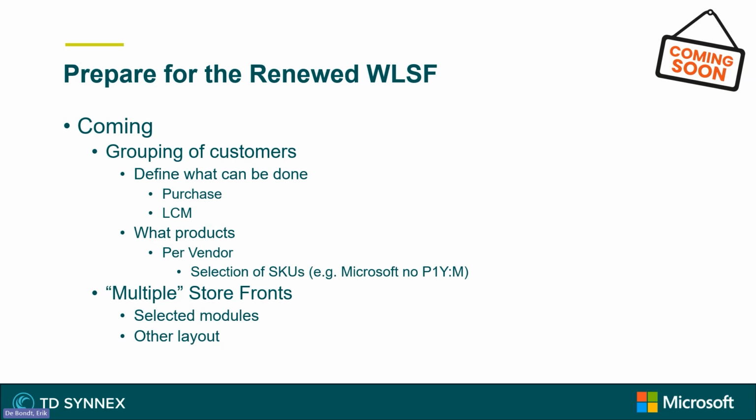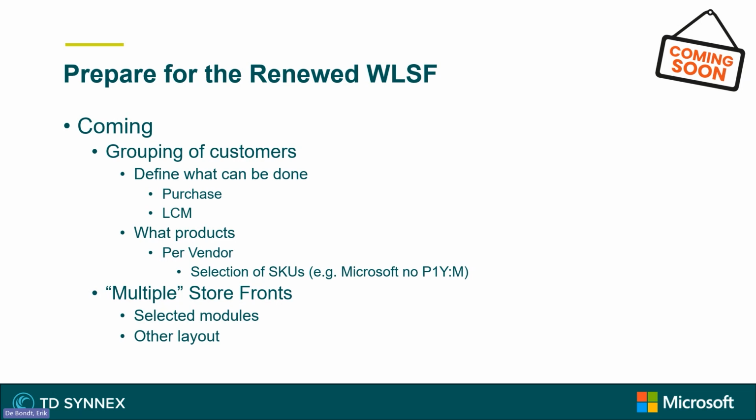Whatever you want. Basically, go really into the environment and say, for this group, they can only purchase that type of licenses. You can also have multiple storefronts, where you say, for this group, you have these options, you have this color set, or whatever you want. For another group, it might look completely different. You can even personalize it to a customer level: make a group of one customer, and you can assign that.